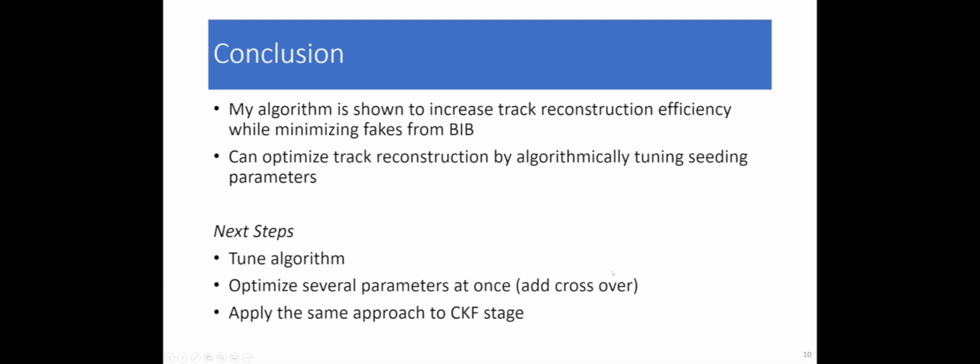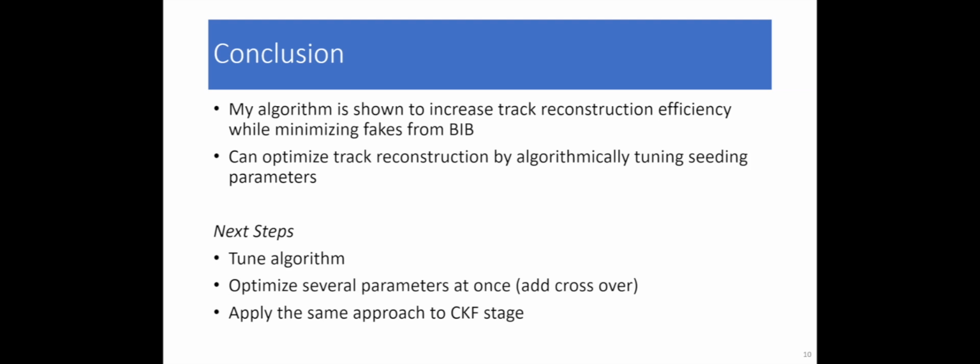Just like in an evolutionary algorithm, there's something called crossover. Since there was only one parameter in this project, there's no point in adding it.